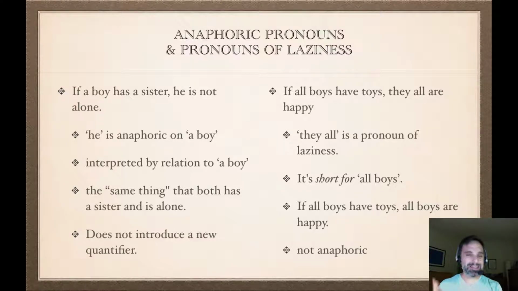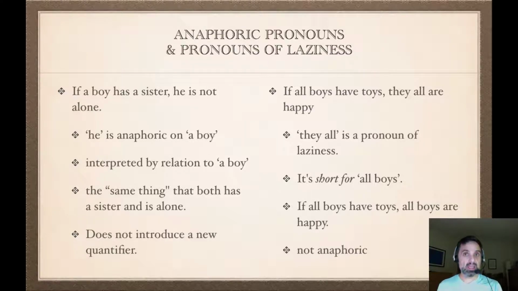So the precise definition of an anaphoric pronoun versus a pronoun of laziness is a matter of linguistics, and that's not what we're doing in this course, so we're not going to pursue the distinction more precisely. You have an understanding of how these different pronouns work, which is basically unconscious, and we're not going to try to figure out what exactly that is.